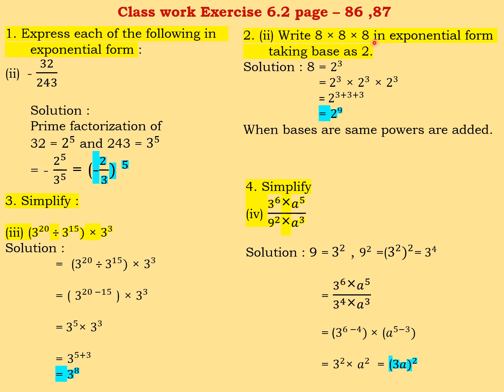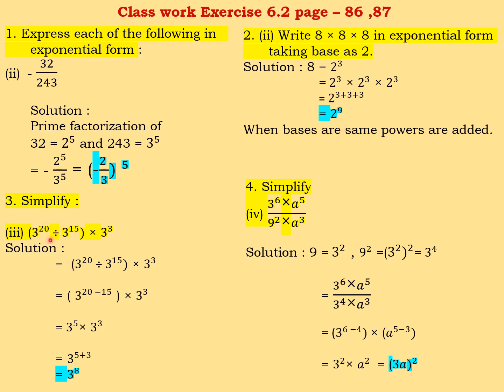So all the three 8's can be written as 2 to the power 3 into 2 to the power 3 into 2 to the power 3. Right? Because 2 to the power 3 is 8. Now bases are same, so powers will be added. The answer will be 2 to the power 3 plus 3 plus 3, that is equal to 2 to the power 9.